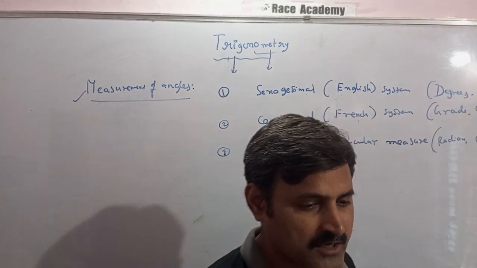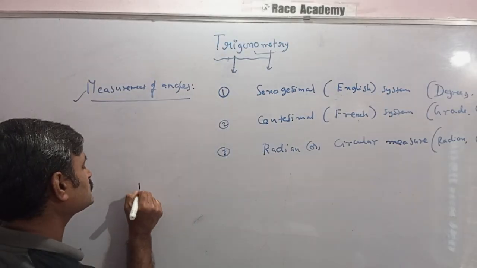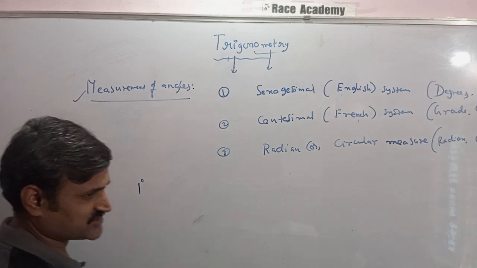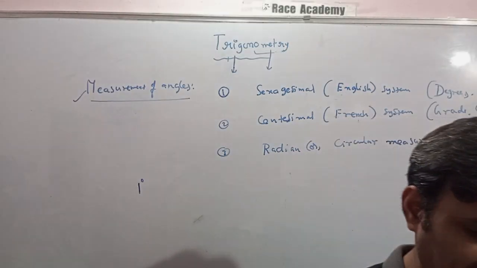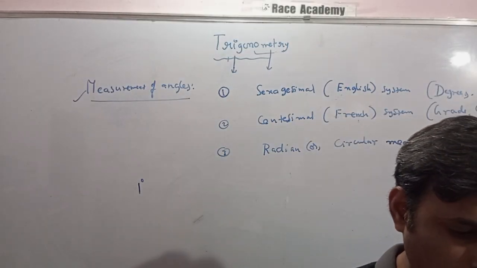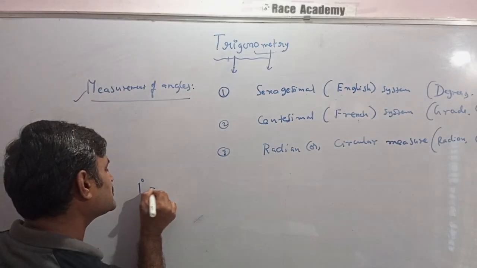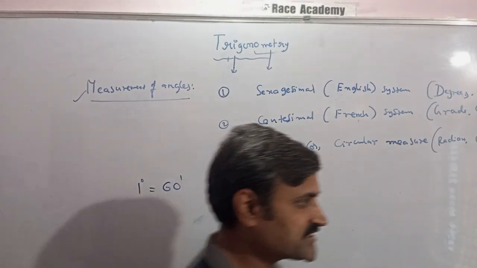Each part is called 1 degree, denoted like this. 1 degree is equal to 60 minutes.